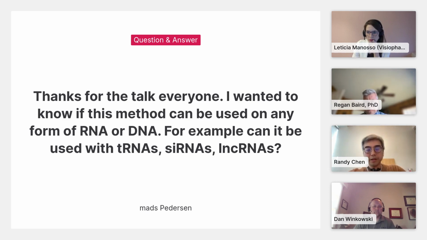So currently, we don't have one that detects DNA. That's in the pipeline. And for RNA, we are also currently working on the short target detection, especially the microRNA and also siRNA. So again, those are in development.